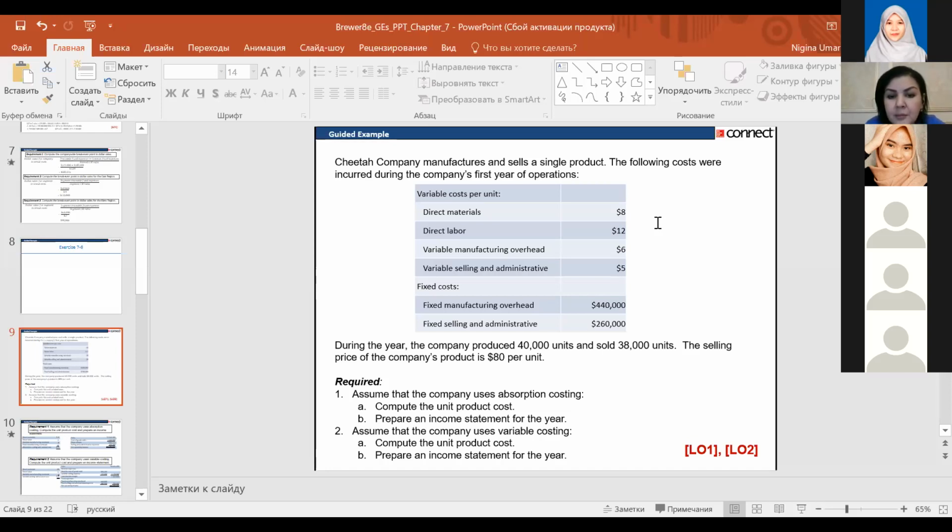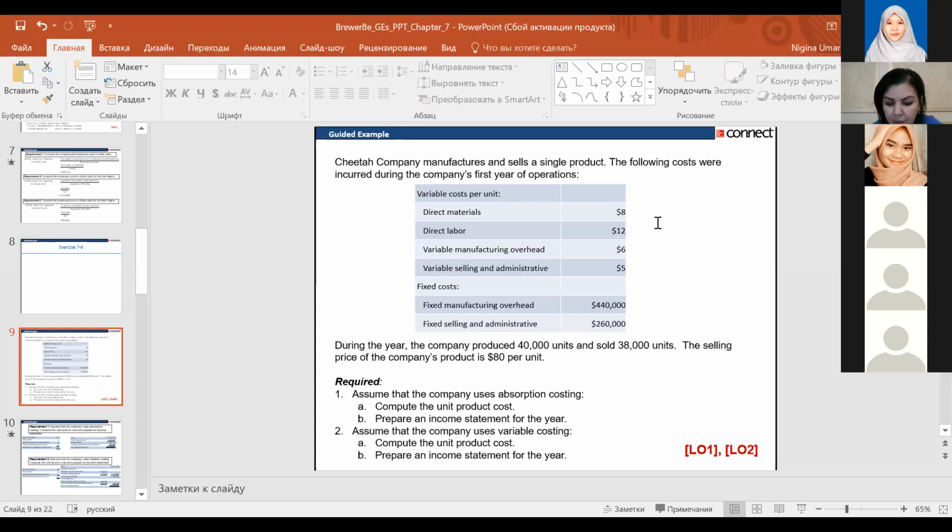Now prepare an income statement for the year under absorption costing. So the first line starts with sales revenue. How do we know sales revenue? Selling price multiplied by units sold. Yeah, exactly. So what should I do, Fabrianti? Selling price 80 multiplied by 38,000, right?